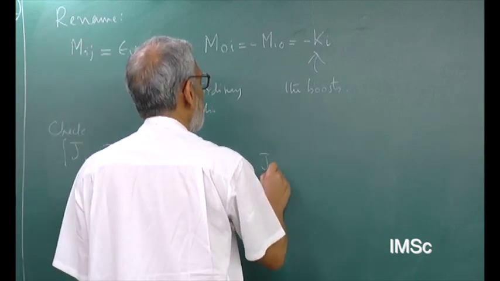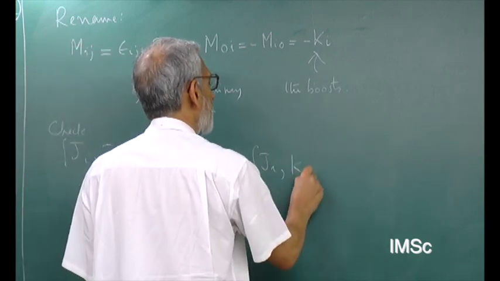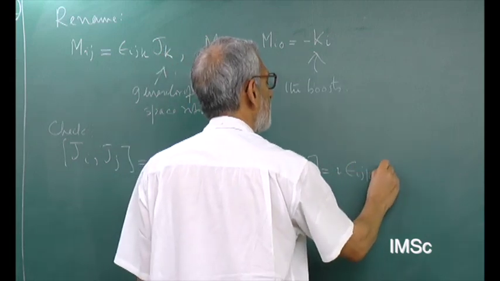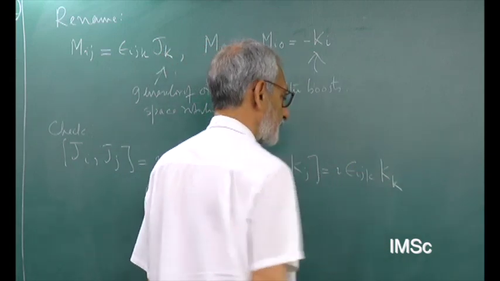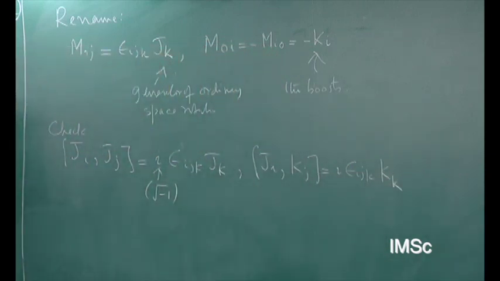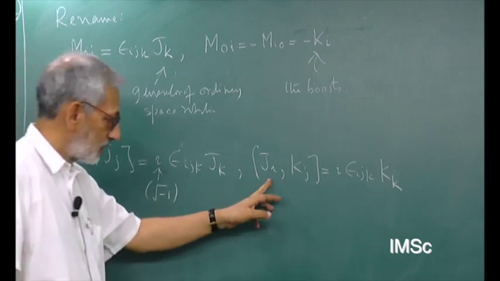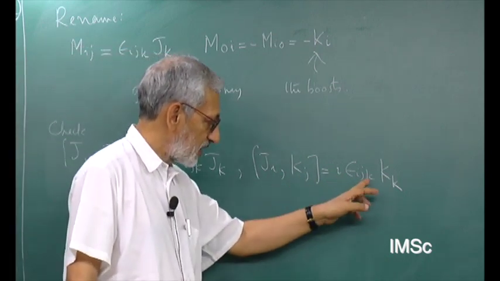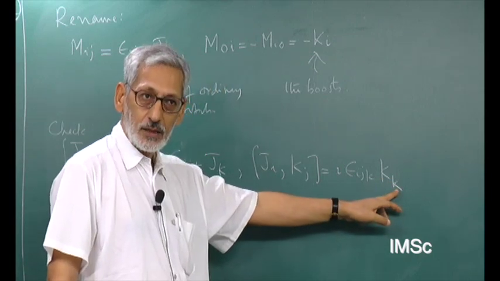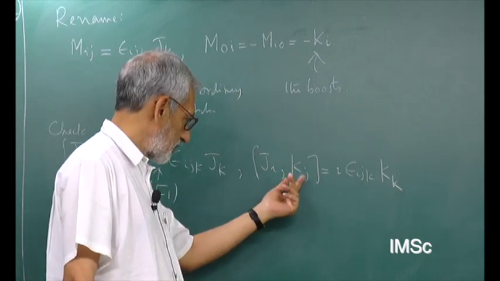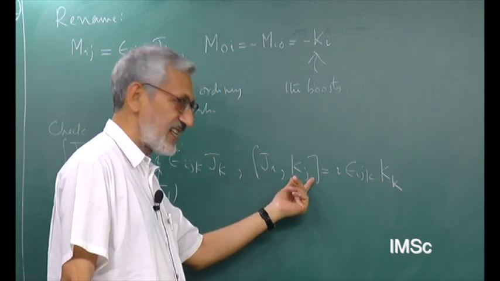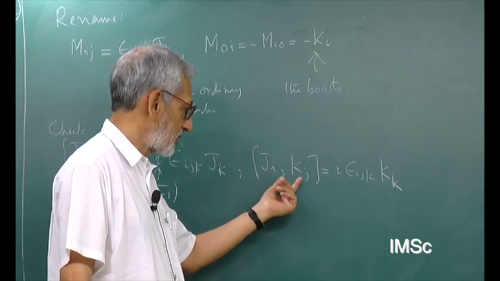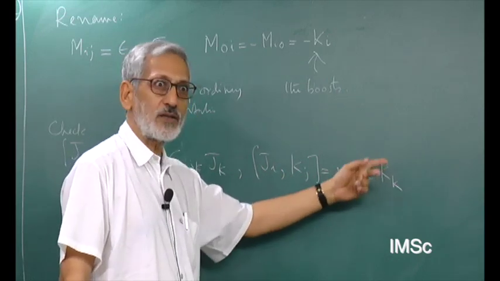What about Ji with Kj? So the Ji commutated with Kj is i times epsilon ijk Kk. This only tells you that Ki is a 3-vector under these rotations, and these J's rotate them amongst themselves.